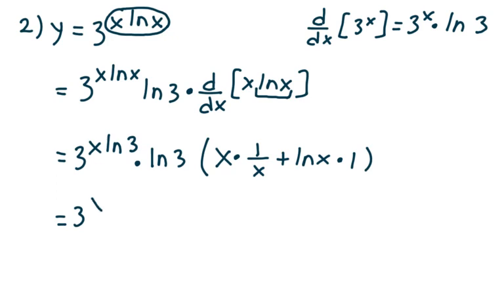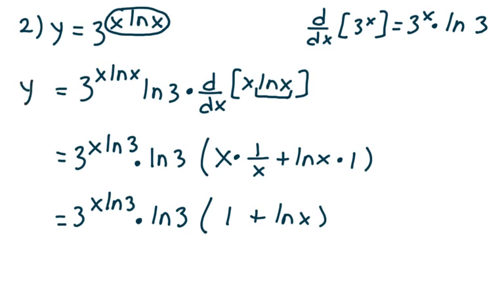So this is 3 to the x natural log of x times natural log of 3 times 1 plus natural log of x. Okay, and this is y prime, by the way. So that's example 2.